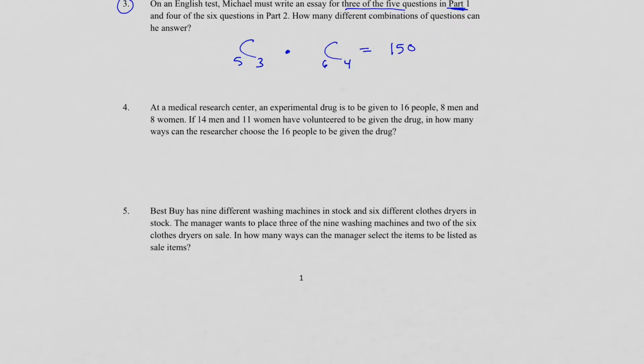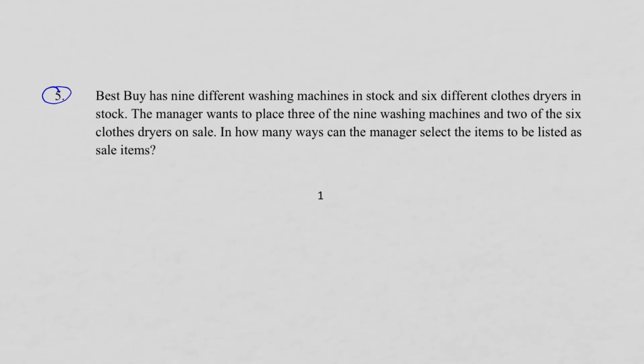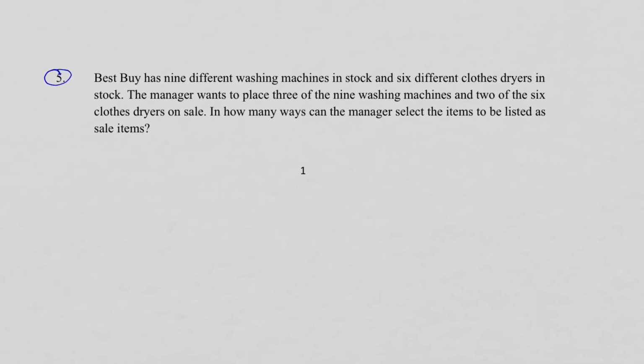Number 5. Best Buy has 9 different washing machines in stock, 6 different clothes dryers in stock. Okay? So we have 9 here, we have 6 here.